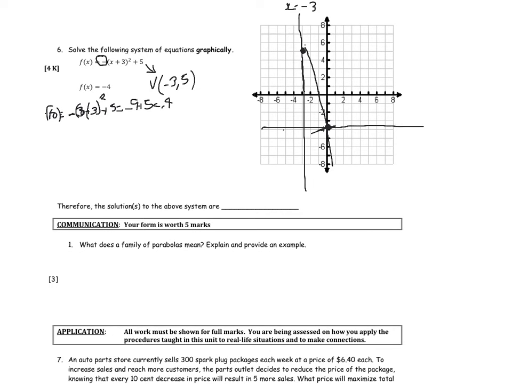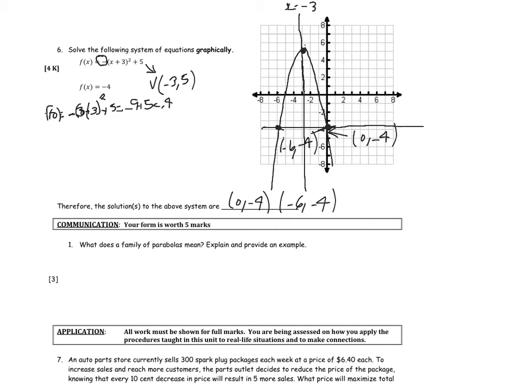So the left hand side is going to be somewhere around here. So this is the other point that the graph is going to have. Now this is one point of intersection which is going to be 0 and -4, and the other one is going to be -6 and -4. So the points of intersection are 0, -4, and -6 and -4.